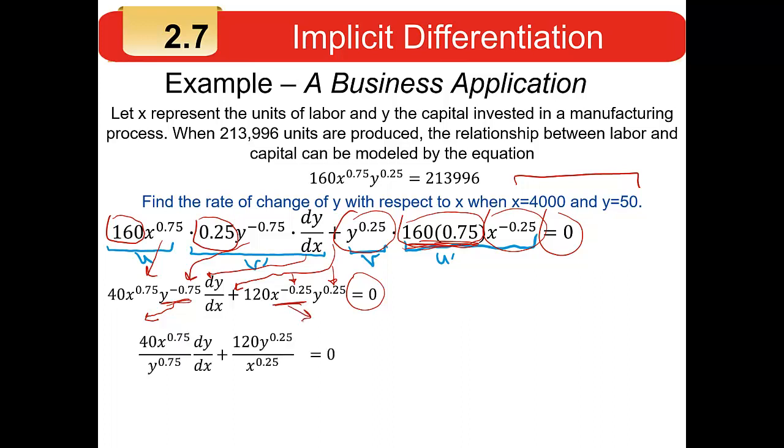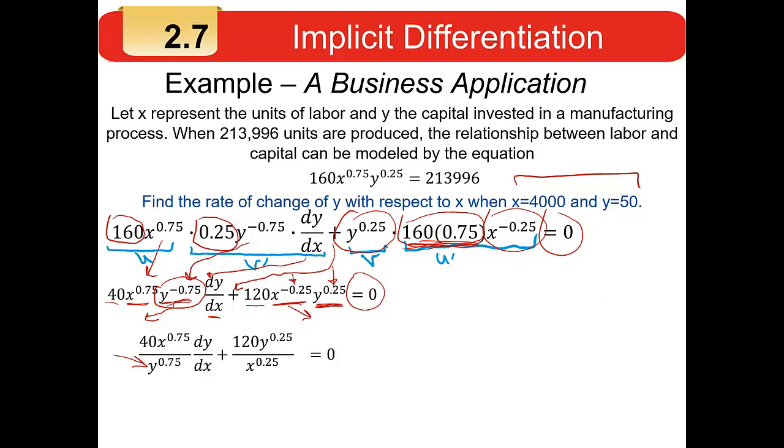So the 40 stays where it is, the dy over dx stays where it is, the x to the 0.75 stays where it is. The only thing that happens is I take that y to the negative 0.75 and push it to the denominator, and that makes it a y to the positive 0.75 in the denominator. And similarly, in the second term, the 120 stays where it is.